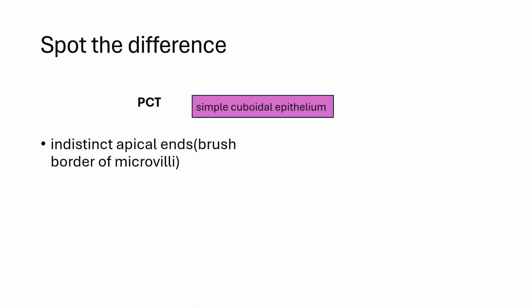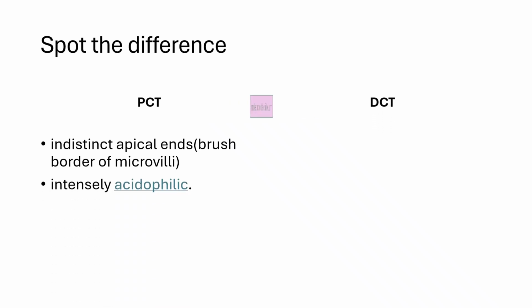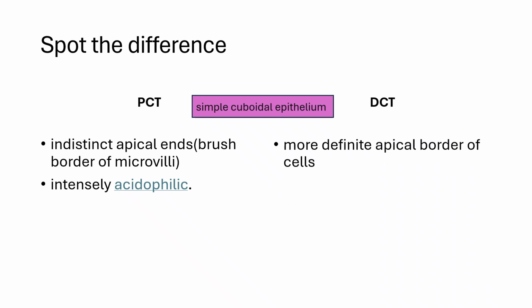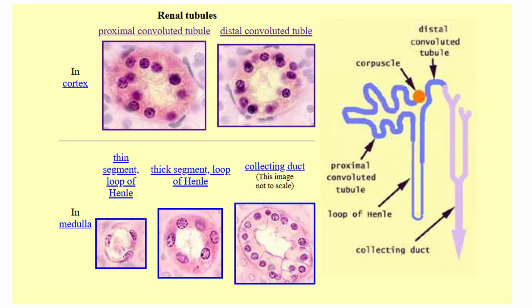So let's revise them. Both are made up of simple cuboidal epithelium, but PCT has indistinct apical ends and is intensely acidophilic. DCT also has simple cuboidal epithelium and it has a definite apical border of cells and it is less acidophilic. So this is just an overview.